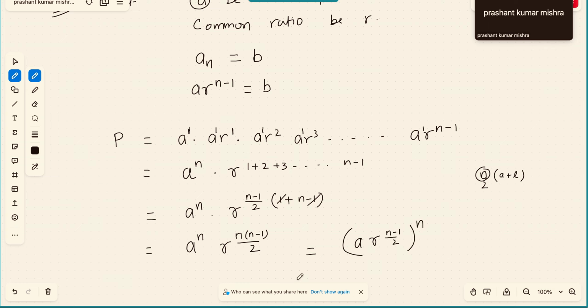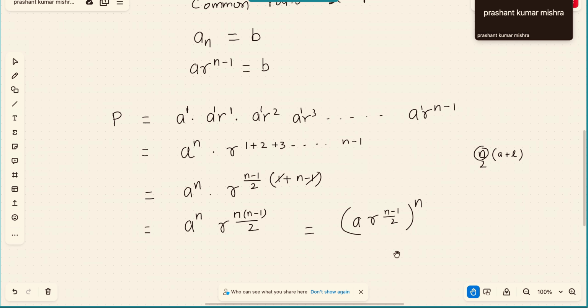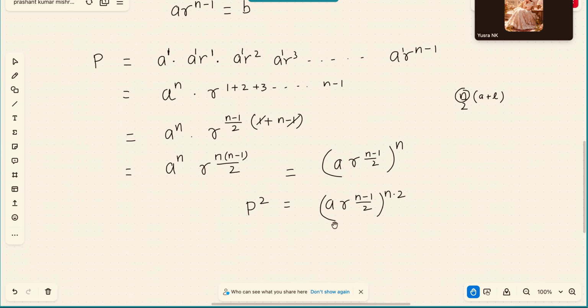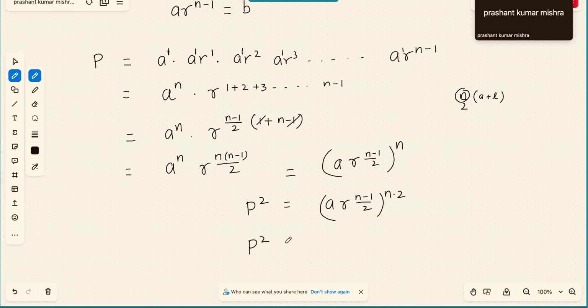Now we have to get P square, so squaring both sides, P square equals A R raised to n minus 1 over 2, whole raised to n, and then squared. The power 2n goes to both of them, so it is A raised to the power 2n times R raised to the power n minus 1 upon 2 times 2n.